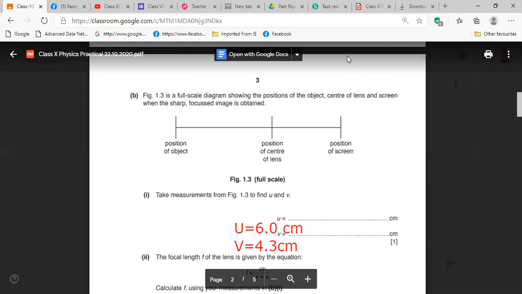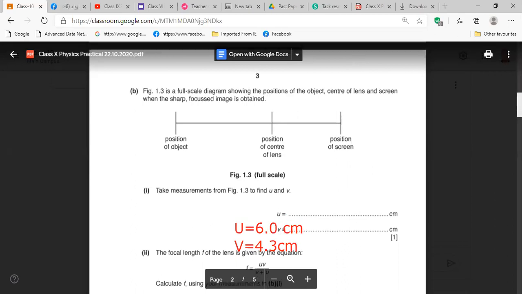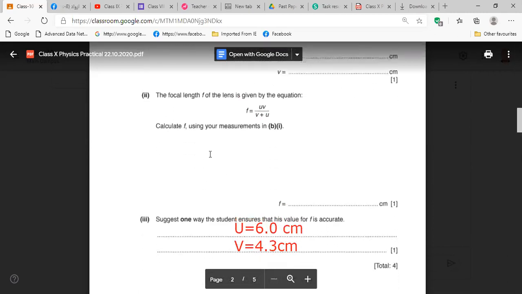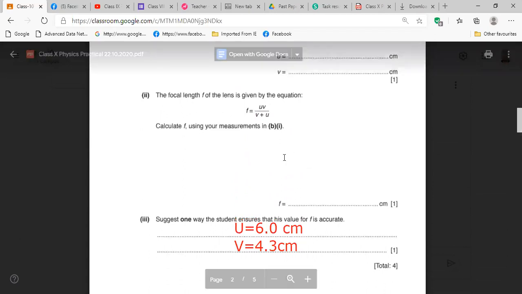Yes, awesome. So u is 6.0 centimeter and v is 4.3 centimeter. We got our values. Now using these values and this formula, we can find the focal length.